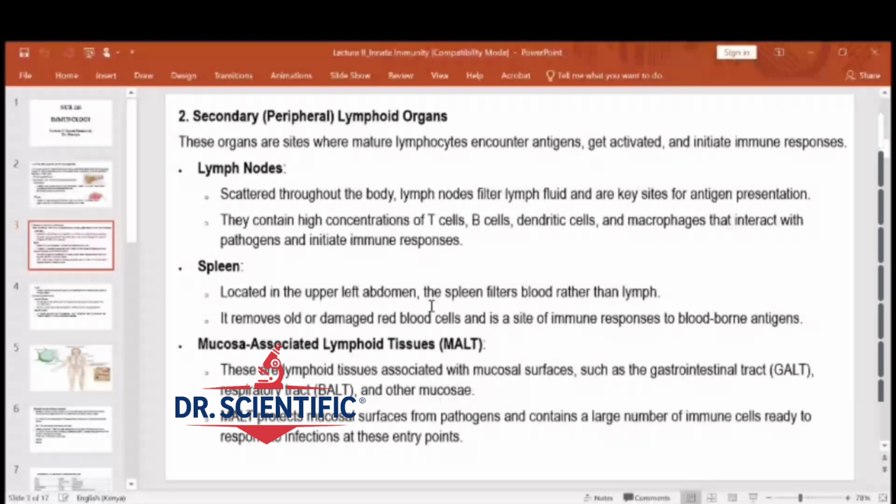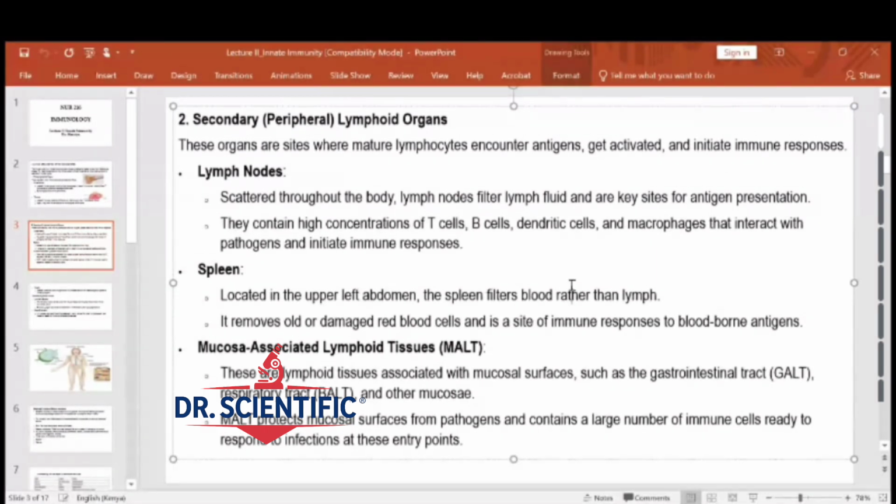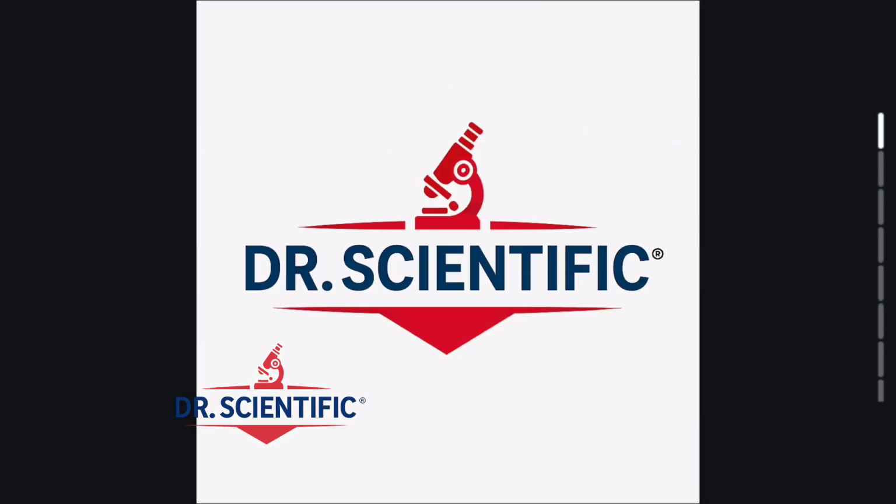Maybe in the previous class, I talked about the traditional cells that are antigen presenting cells. Among the white blood cells, there is a white blood cell that is traditionally referred to as an antigen presenting cell. Anybody who remembers the cell I talked about as the key antigen presenting cell?